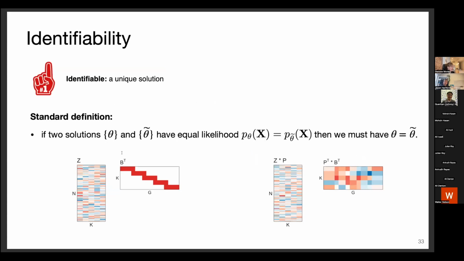Okay, so now let's talk about identifiability. As we've been talking about, in general, identifiability is: if we have two parameters that have equal likelihood, then these parameters must be equal. We relax this a little bit in the same way that many papers in this area do, in that we don't necessarily care about getting Z1 or Z1 squared, as long as we've disentangled, so we don't have some linear combination of Z1 and Z2, or non-linear combination of Z1, Z2 and Z3.